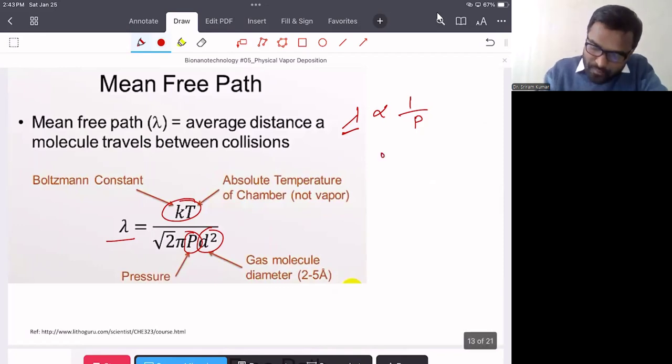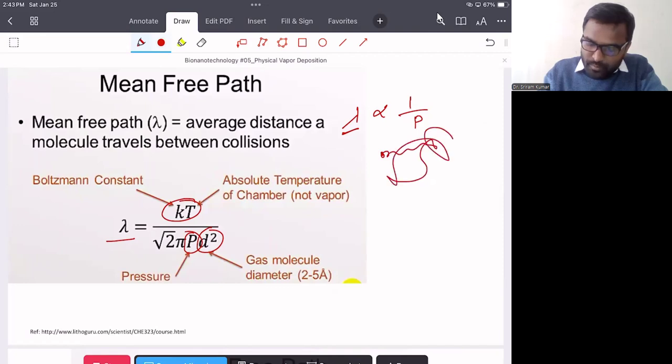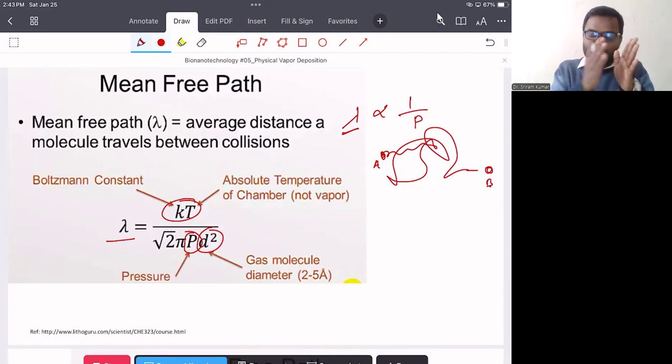Suppose you have a gaseous molecule, A, colliding with a molecule B. The average distance traveled from point A to point B before colliding is called the mean free path.